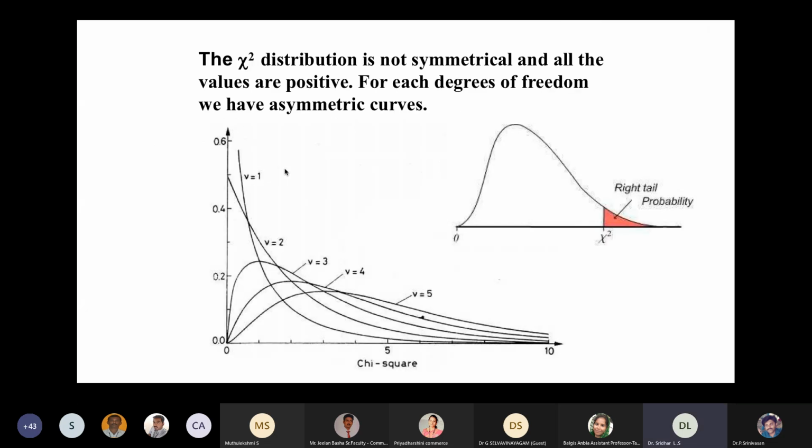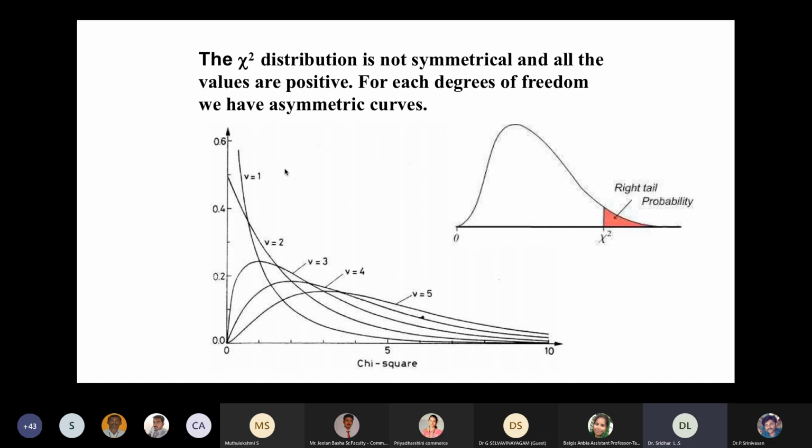The first condition is that the cell values should not be less than 5. If it is less than 5, we have to use some other corrections. Let me explain that also.